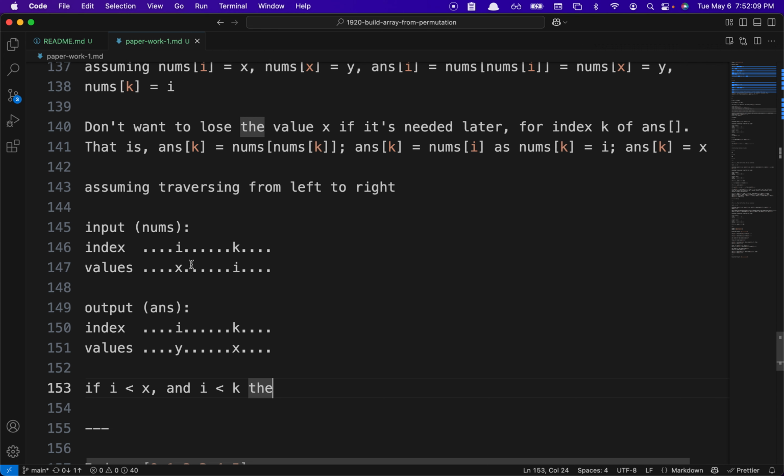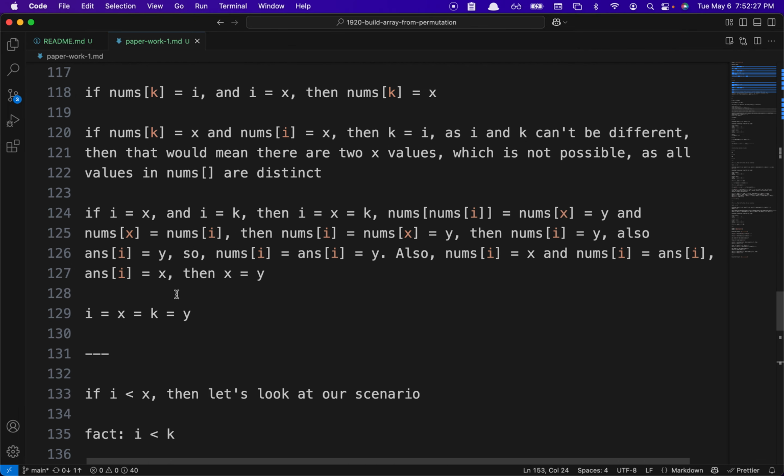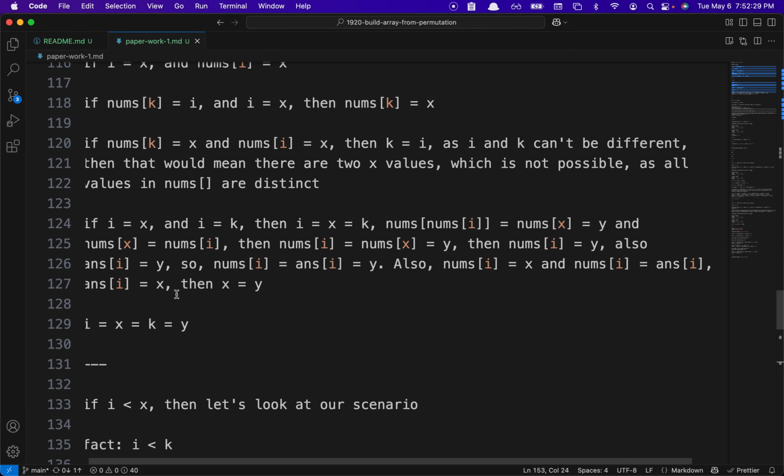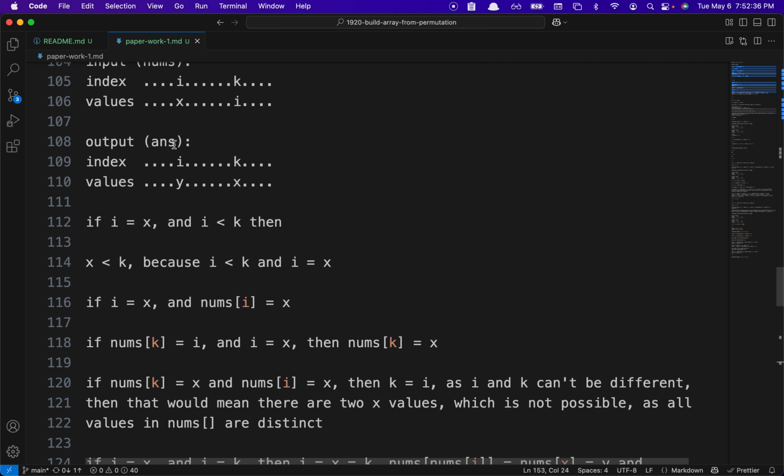So if we're going to go for this, before putting y over here in this value, we look for which K value says I. If these two are equal, then all of these are equal and you don't have to worry. If I and X are equal, you're fine, right? You can just deal with it very easily. I and K are equal, so this is going to be I, K, the same thing, and X and I are all equal.